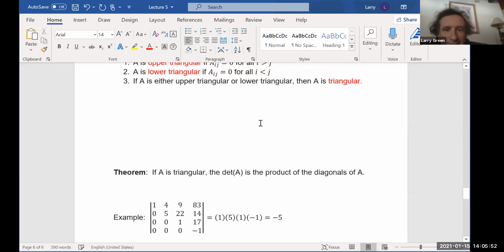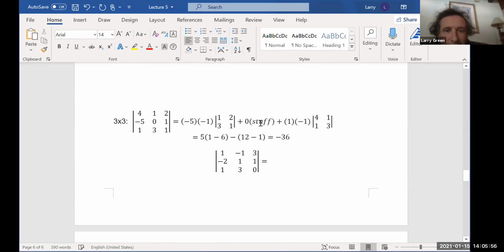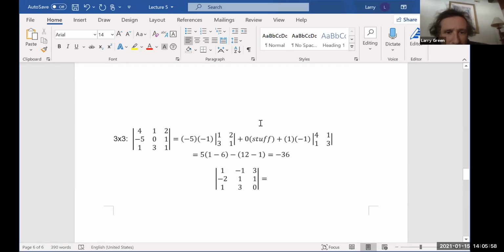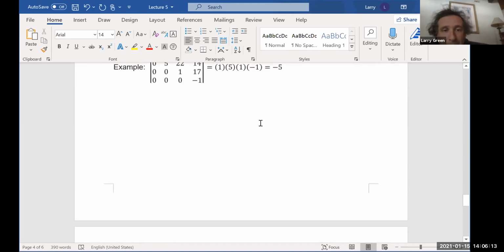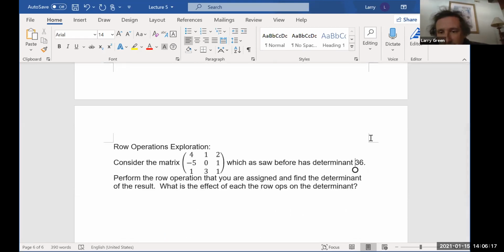Let me go find it. No, it was negative. Am I off by one? Positive, negative, positive. Yeah, it should be negative 36. Sorry about that. So the determinant is negative 36.